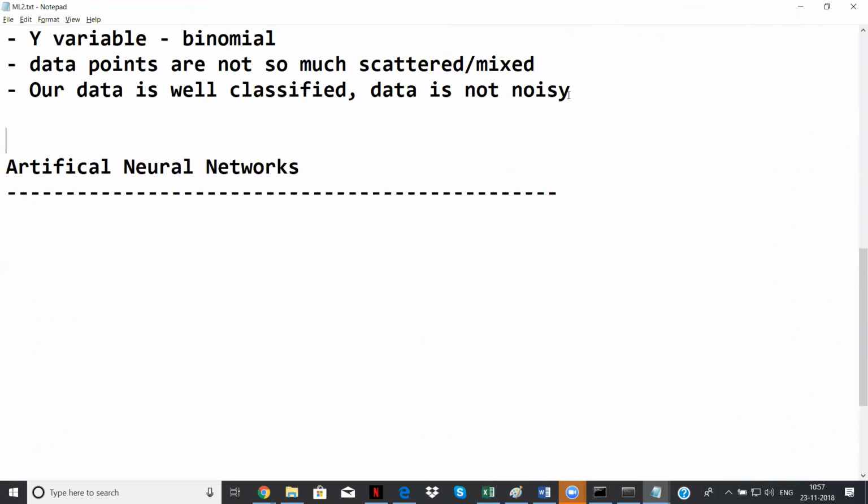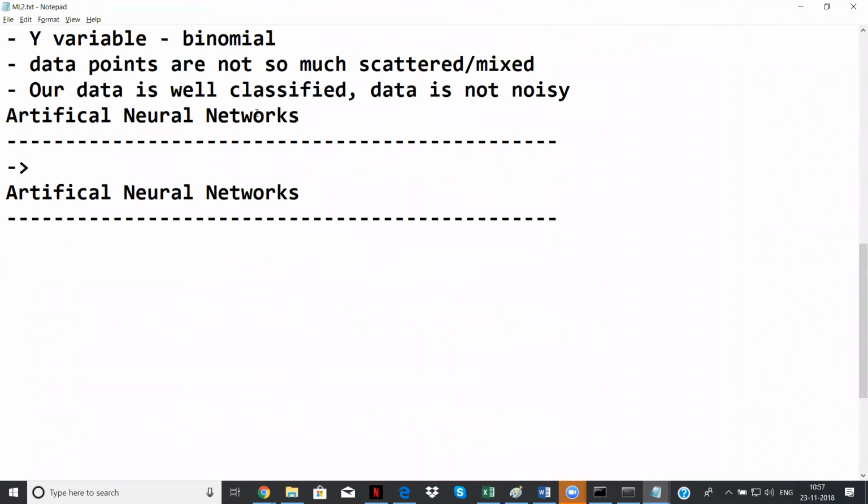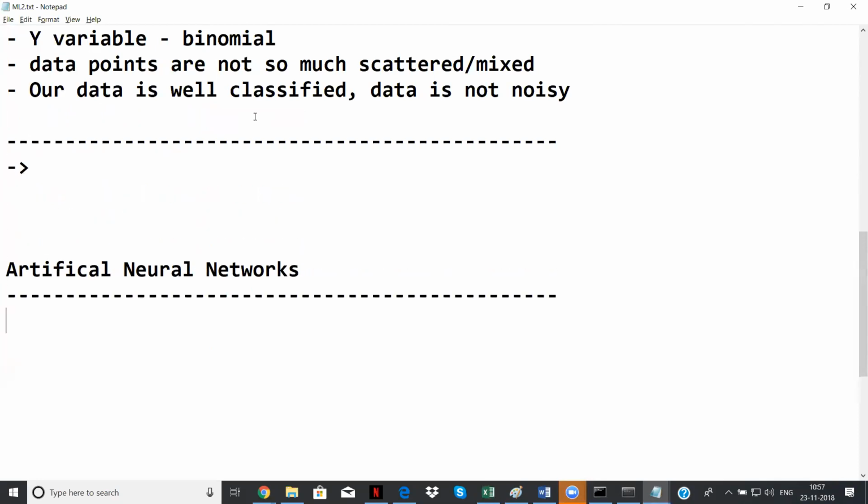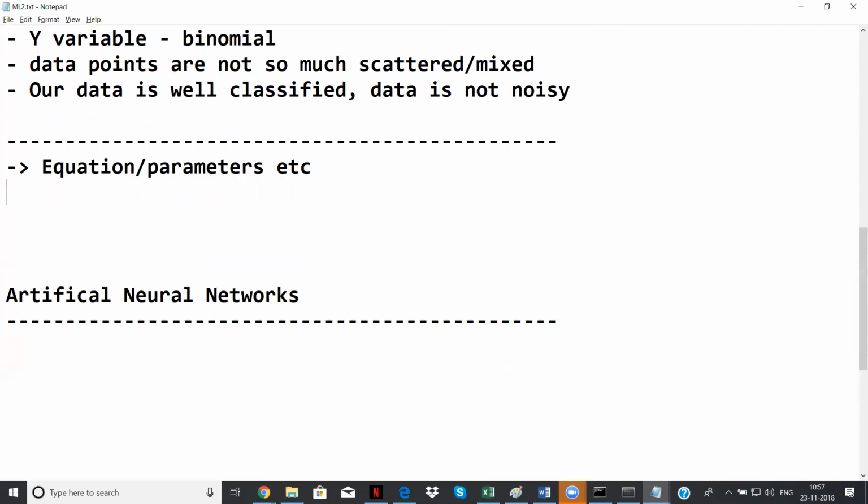Now, if I look at all the algorithms till now, all the algorithms till now had some equation parameters, etc. That can be one class of algorithms, or some algorithms which have some algorithmic steps and calculations.